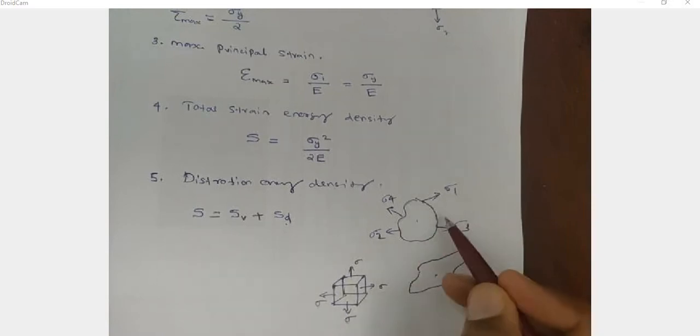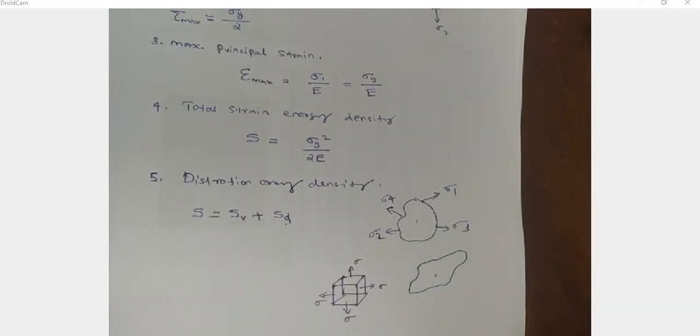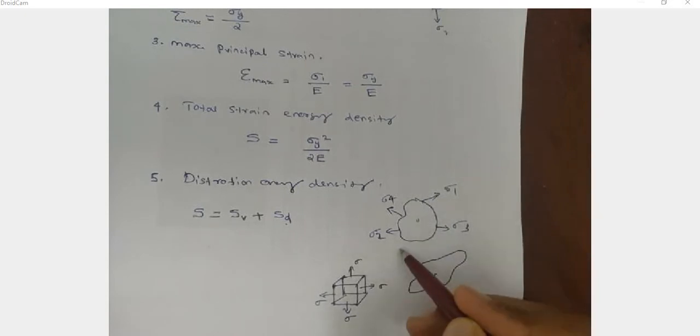When this body is subjected to different types of stress, for example sigma 1, sigma 2, sigma 3, sigma 4, there will be strain in this body, and this strain can be divided into two: volumetric strain plus distortion strain.